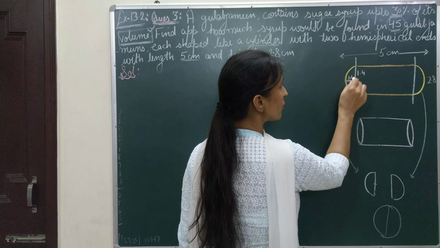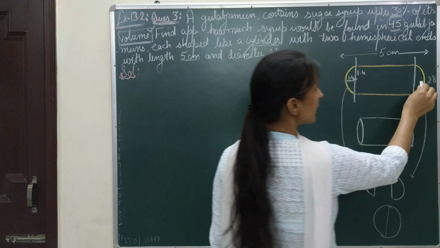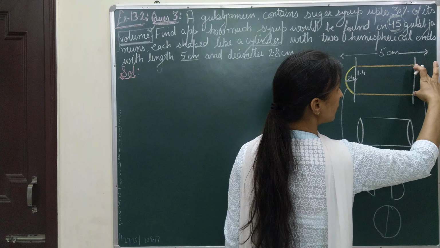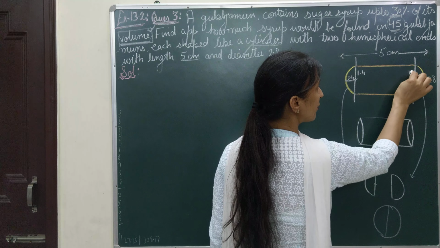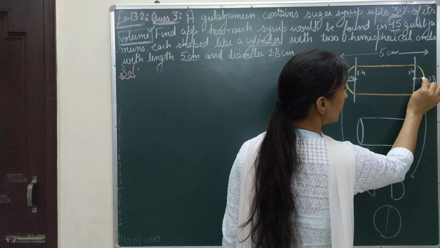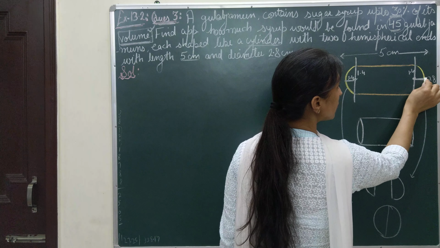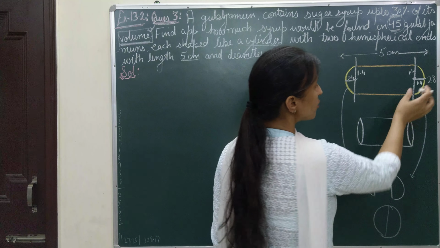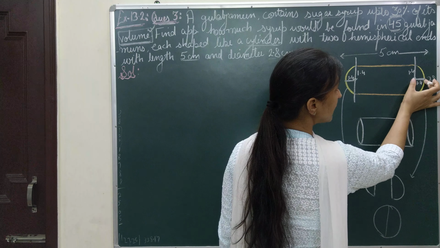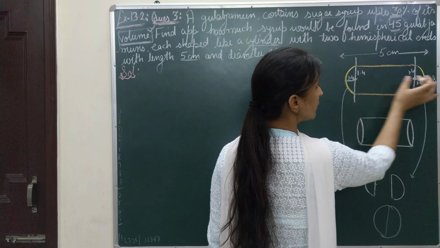That means this length is also 1.4. Same is the case here. Full length is the diameter, that is 2.8. Half of it is 1.4. So this length on both the ends is 1.4.